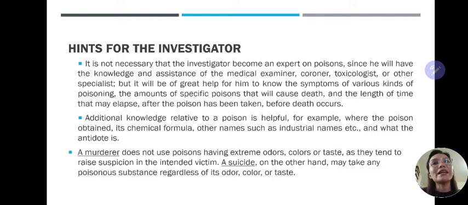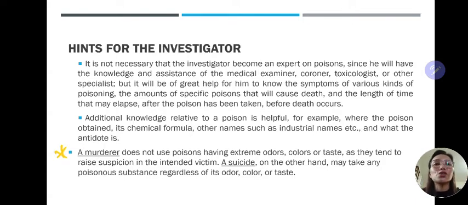Siyempre, since investigator siya, kung meron siyang idea about certain poisons and its effects, mas magkakaroon siya ng way para ma-determine or ma-check yung premises kung ano pa ba yung dapat na i-collect. So, this is a very important hint.